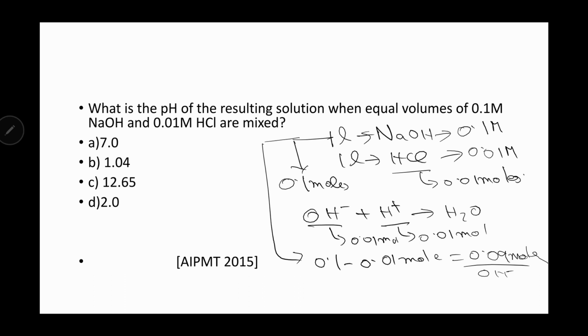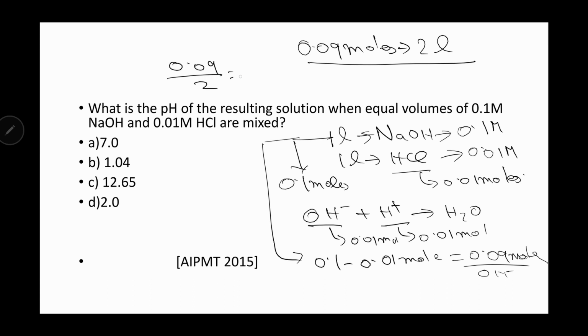When we mix 1 liter of NaOH and 1 liter of HCl, we have 2 liters, and that is something you have to understand. So in 2 liters of this solution, we now have 0.09 moles. Now if we calculate the molarity, it will become 0.09 by 2, which becomes 0.045.